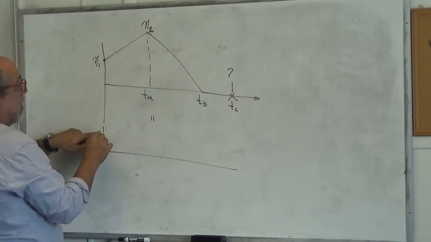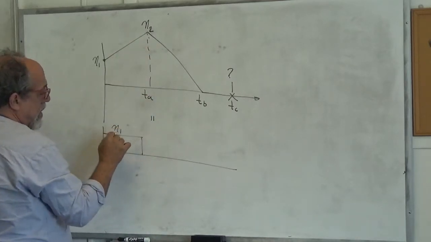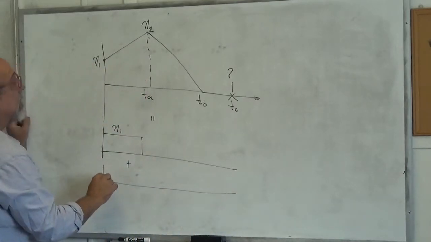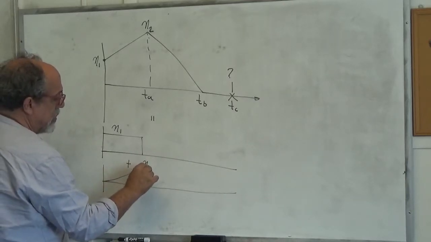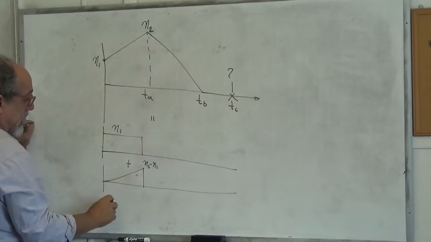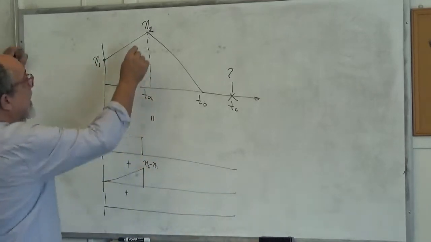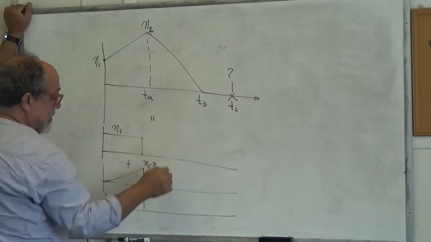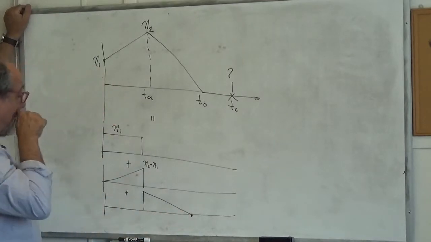So I could say that it is equal to N1 up to here plus something that goes like this, which is N2 minus N1, right? That'll give me this part, plus something that begins here at N2 and goes to TB, like that, right?